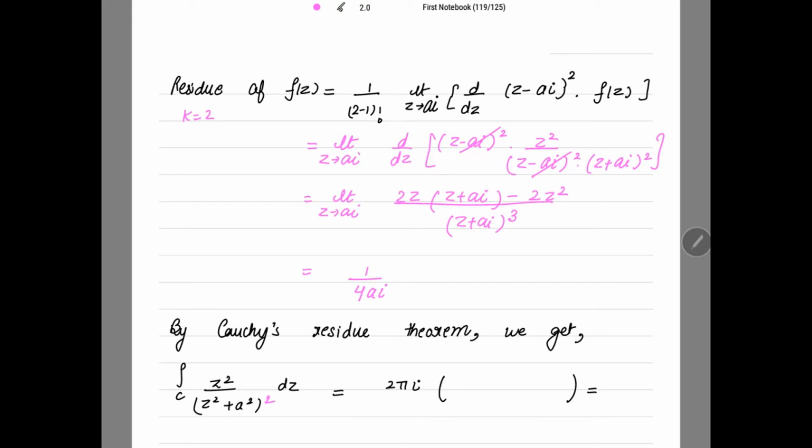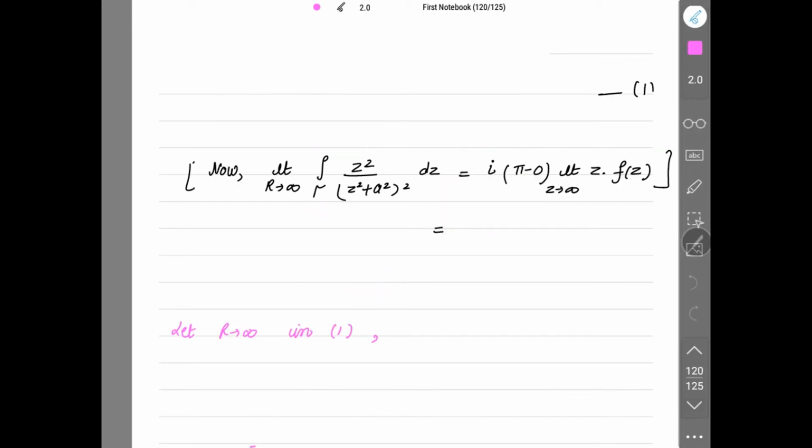So by Cauchy's residue theorem, the integral along C of z square over (z square plus a square) whole square dz is equal to 2 pi iota times the residue, and the residue is 1 over 4a iota. Iota, iota cancel, 2 with this 4, and you get pi over 2a. Now I have to split this contour into the real axis and the semicircle.